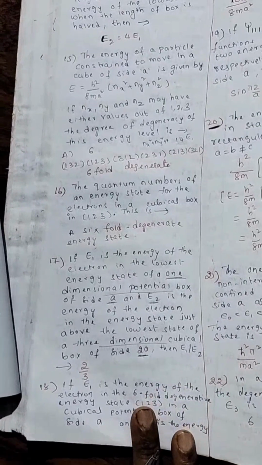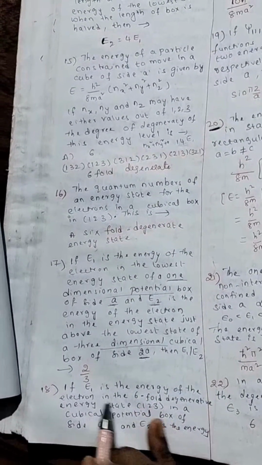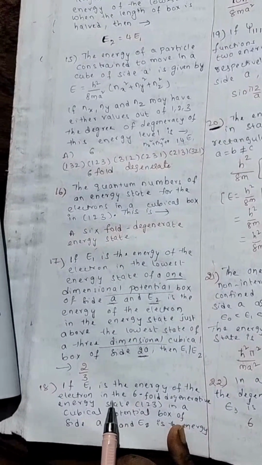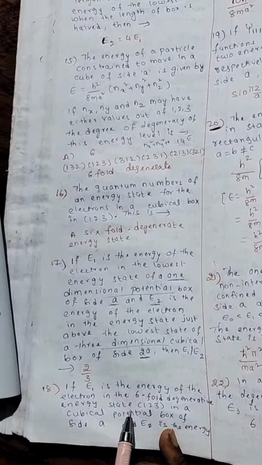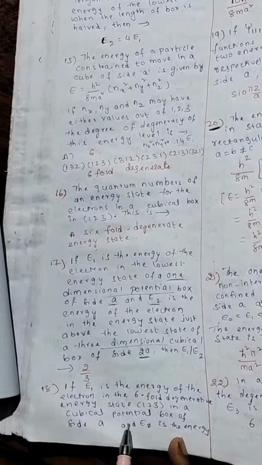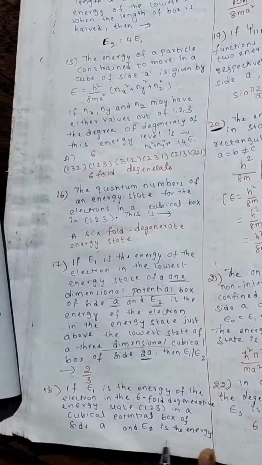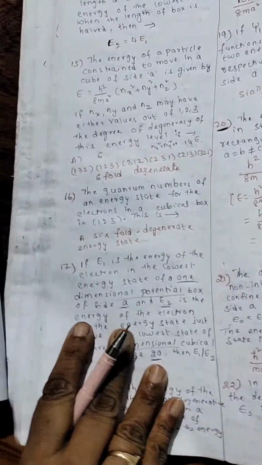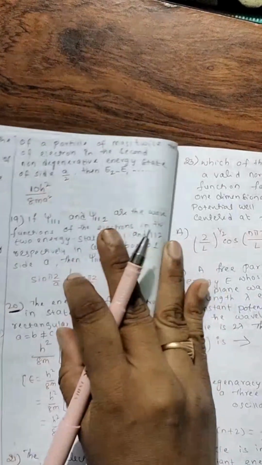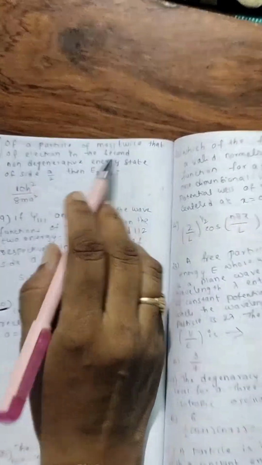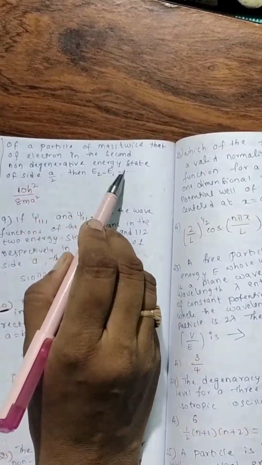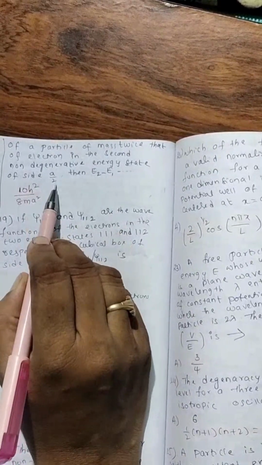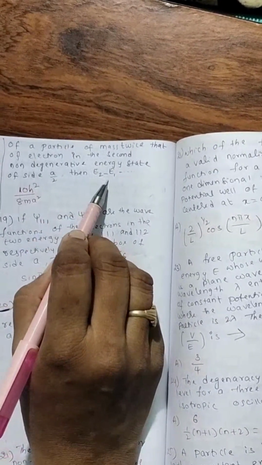Now the next question. If E1 is the energy of an electron in the 6-fold degenerate energy state 1, 2, 3 in a cubical potential box of side a, and E2 is the energy of a particle of mass twice that of the electron in the second non-degenerate energy state of side a by 2, then find E2 minus E1.